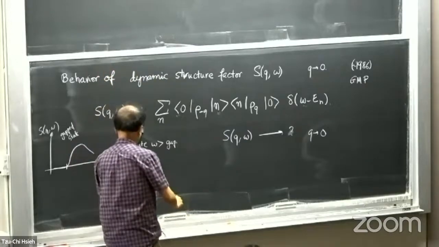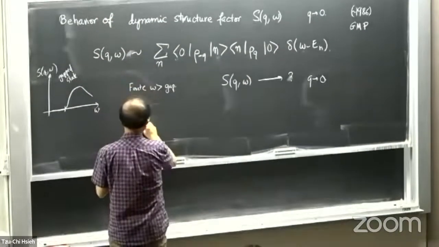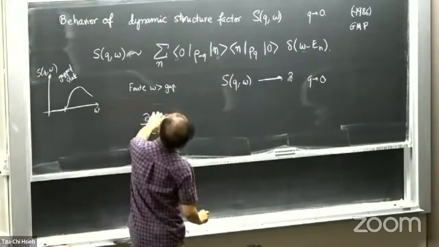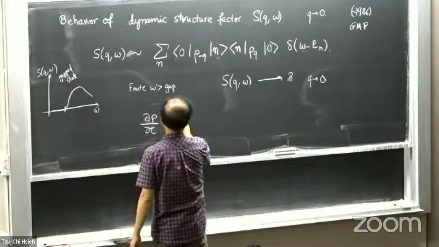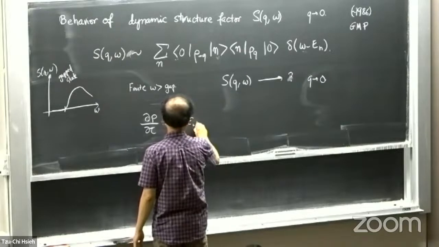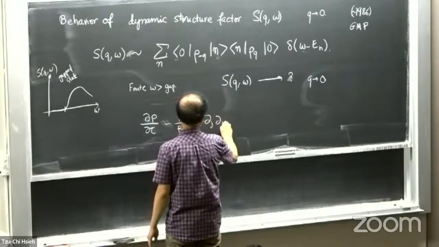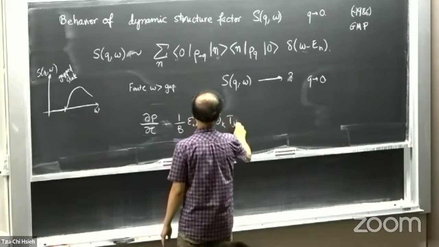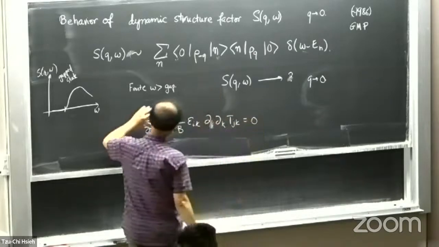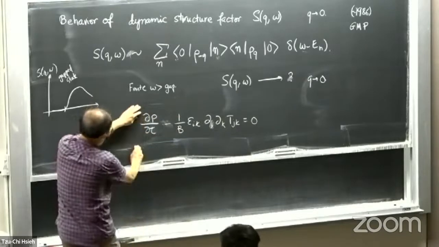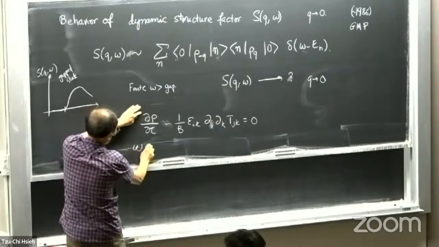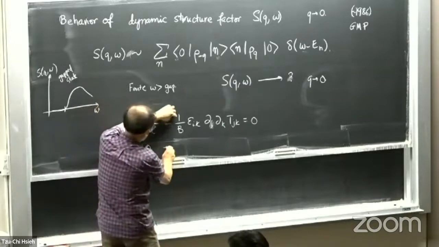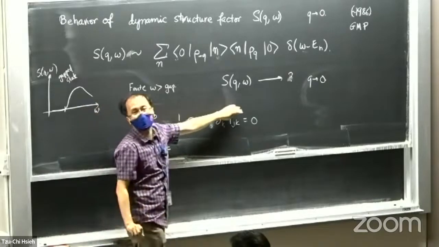So the conservation equation basically has the form d rho over dt minus 1 over B epsilon^{ik} d_j d_k d_i d_k T_{jk} is equal to 0. Roughly speaking, a first time derivative, omega times rho, is equal to some second derivative of the stress tensor.